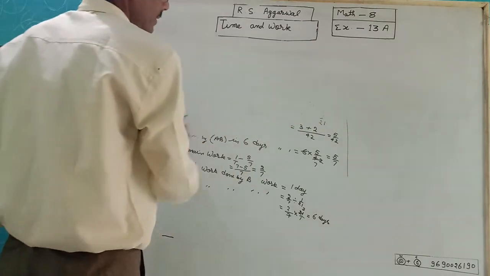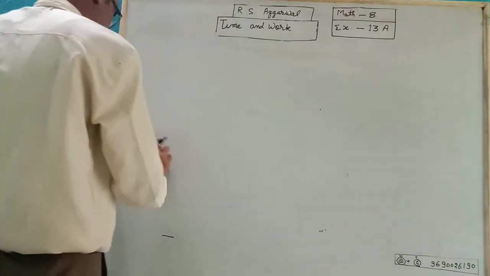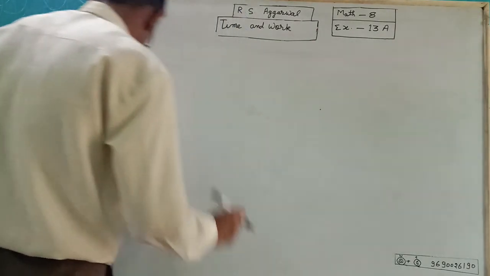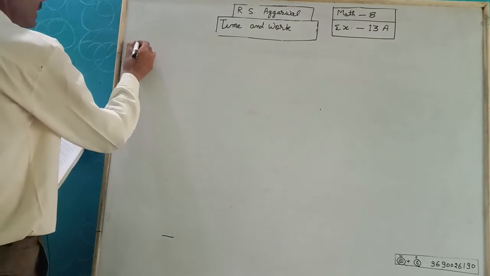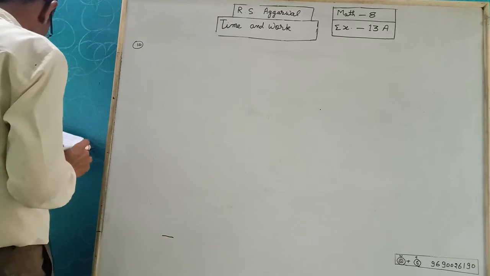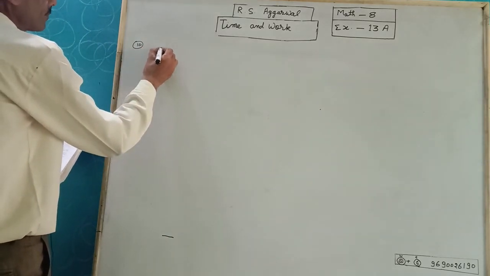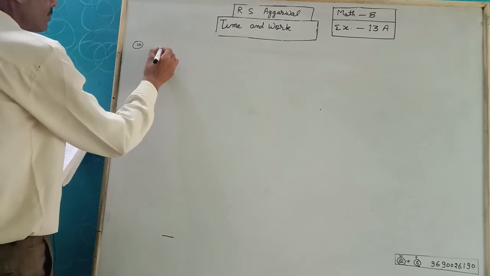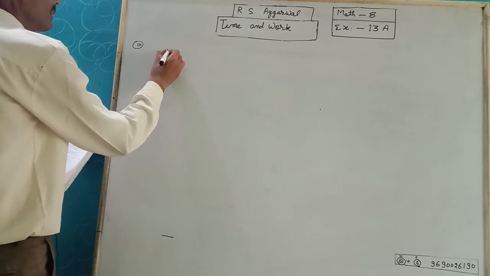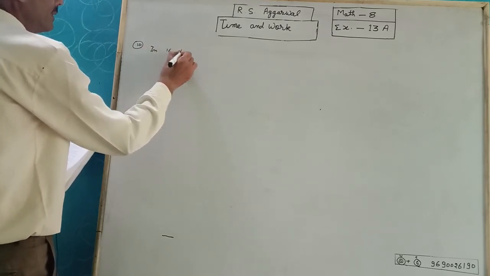Question 10 is: A can do 2/3 of the work in 16 days.